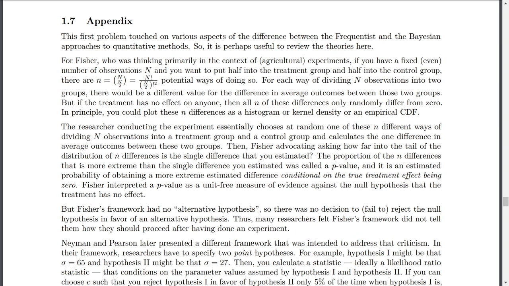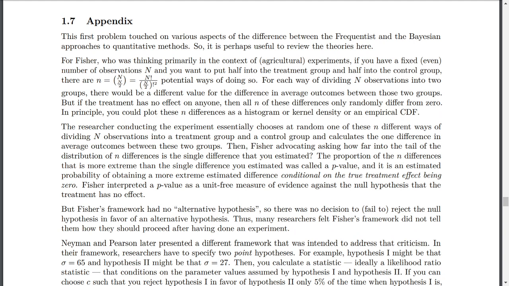This is the original sense of p-values, and it's the estimated probability of obtaining a more extreme estimate conditional on the treatment effect being exactly 0 for all units. And so what Fisher did was interpret the p-value as a measure of evidence against the null hypothesis, and it's in units of probability, so it's unit free.